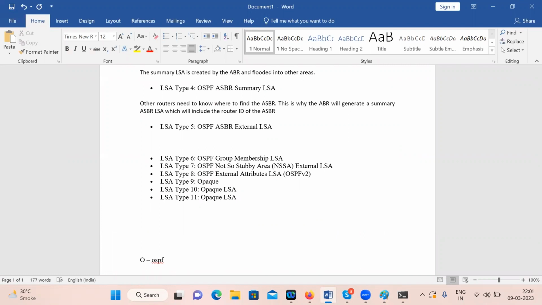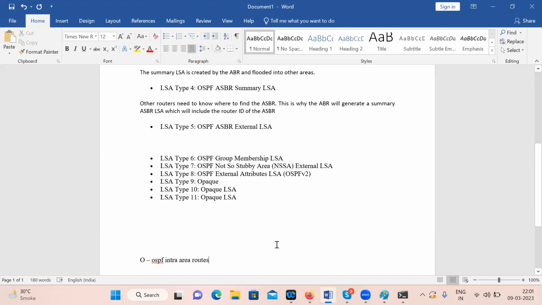Okay, in OSPF we have different types in the routing table. One is O. O stands for OSPF intra-area routes. For example, if your router belongs to area 1, and you receive any information within area 1, those routes are marked as O routes.